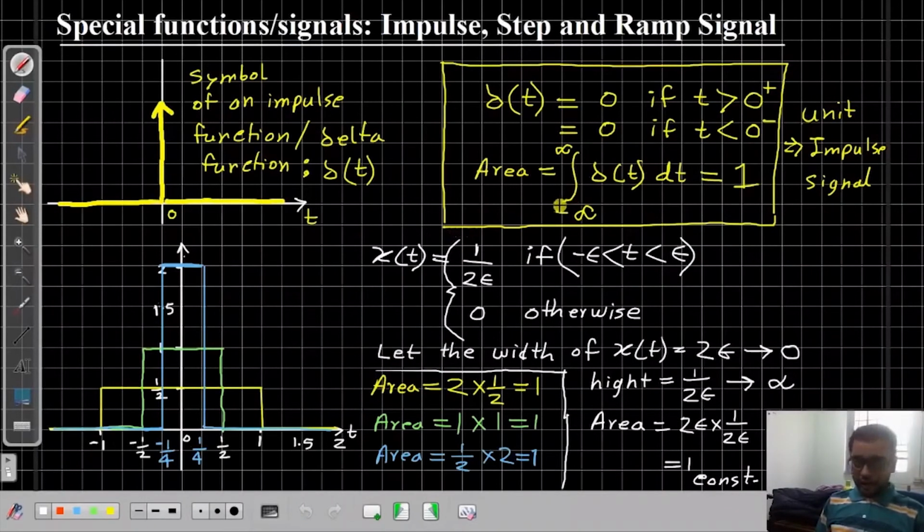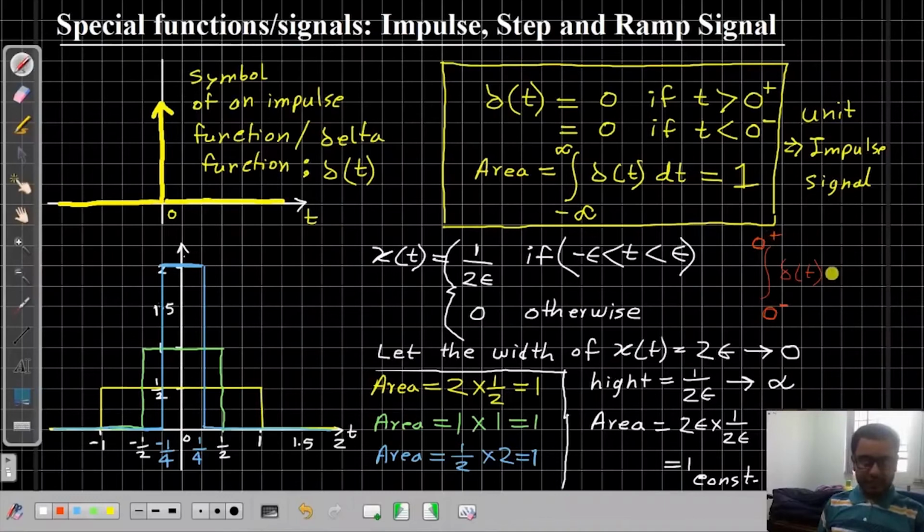At this point, I will just tell you a fact that previously I told integration of delta(t) from minus infinity to plus infinity, that is the total area under the curve, is equal to 1, but I can also write that the integration of delta(t) from t equals 0 minus to t equals 0 plus, any number slightly less than 0 and any number slightly greater than 0.